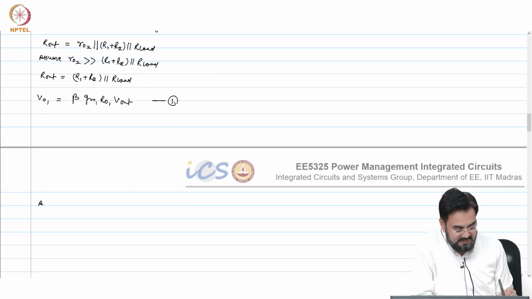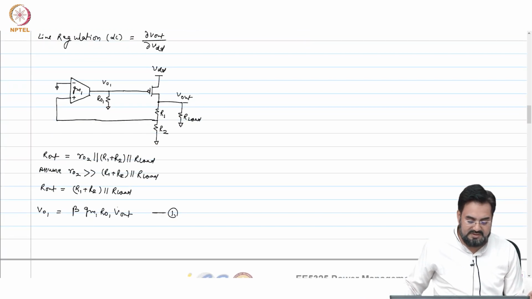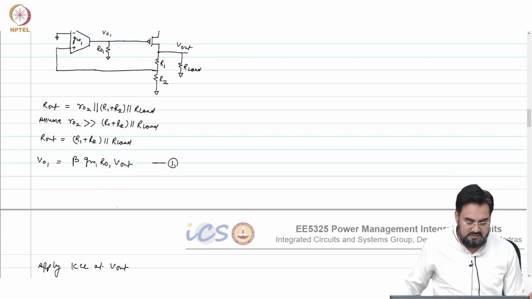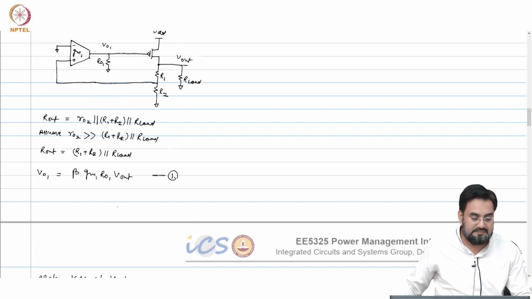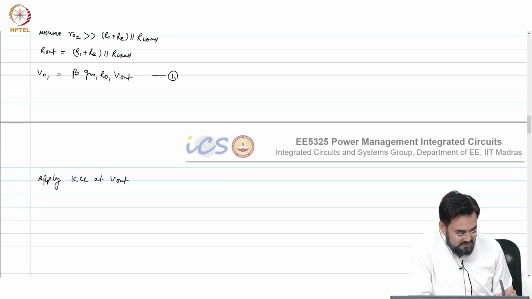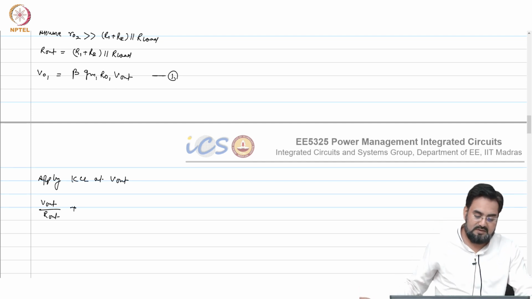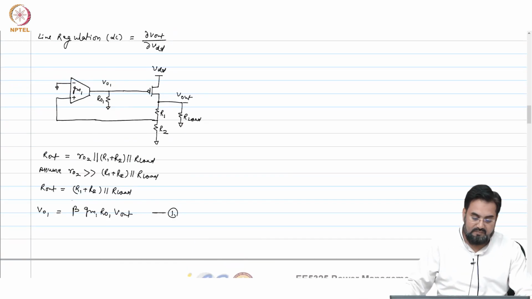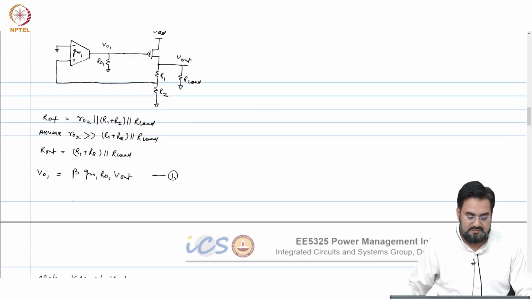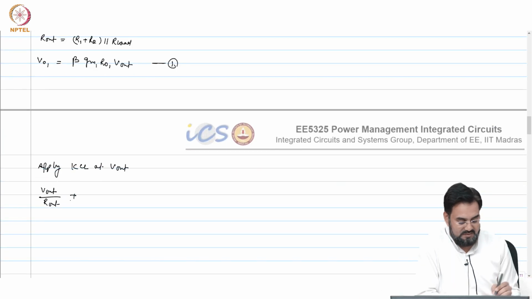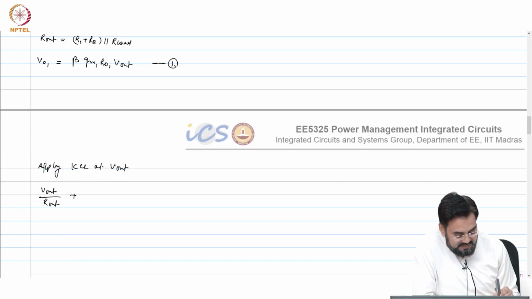Now apply KCL at V out. What all currents do you have? One current is flowing into R out, so V out over R out, plus you have a GM times, what will be the direction, the sign?